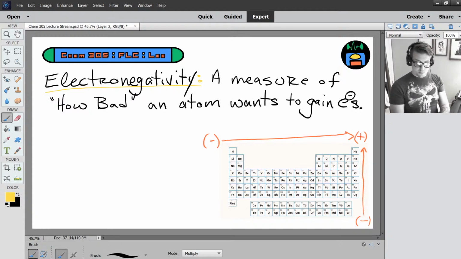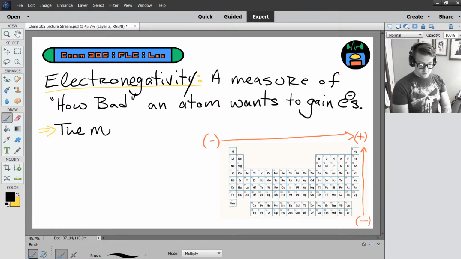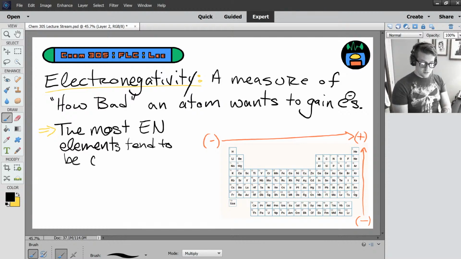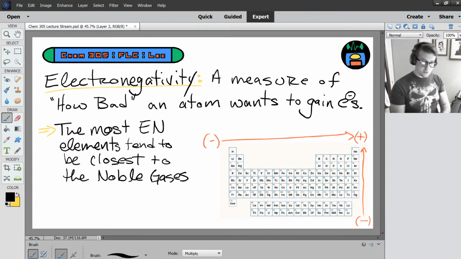It should come as no surprise then that the most electronegative elements tend to be closest to the noble gases. This should come as no surprise because we know that all these elements want to have a noble gas configuration.